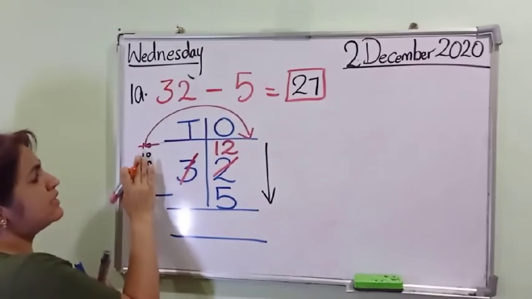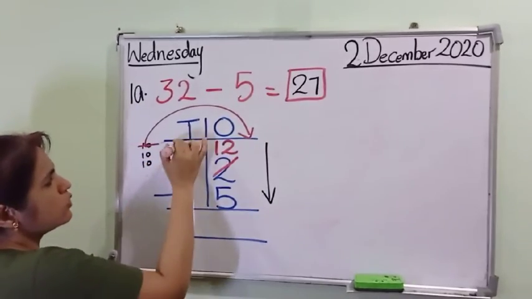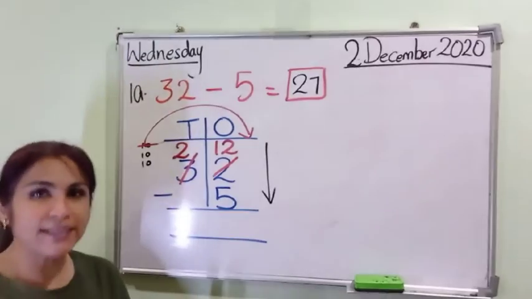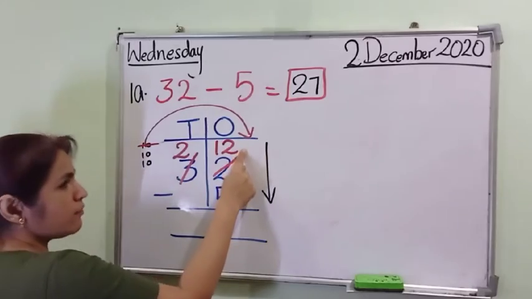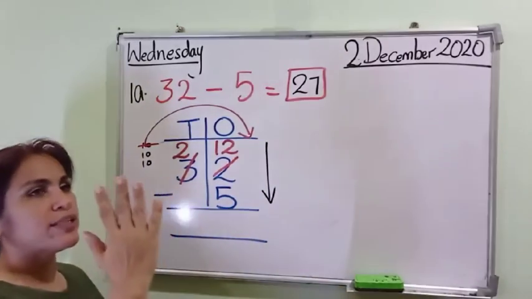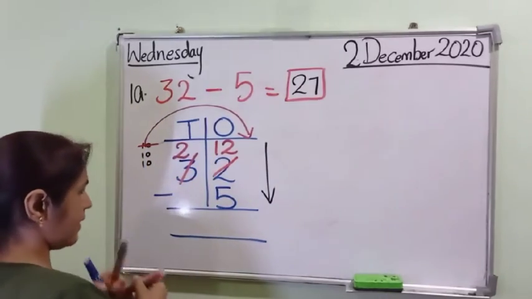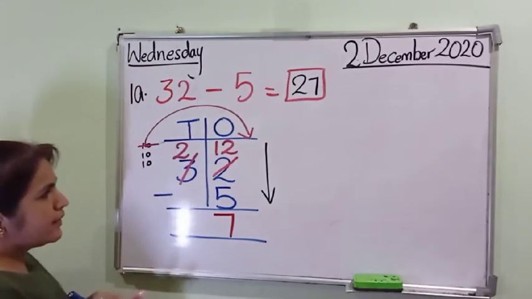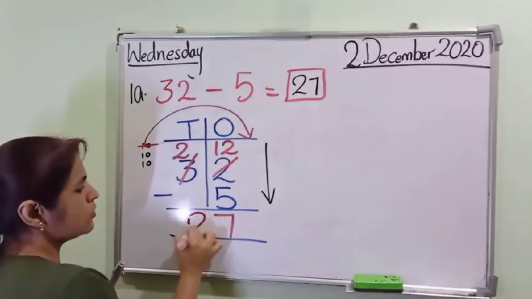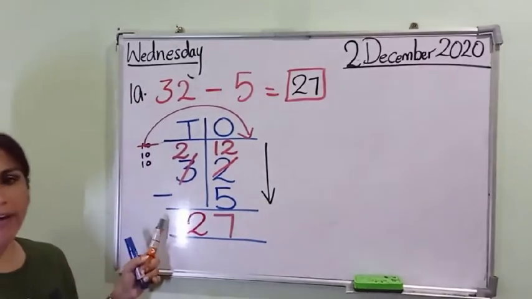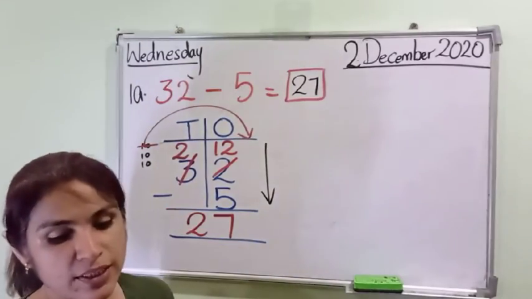But now since the ones has borrowed the 10, you are left with only 2 tens. So your equation should be 12 in your brain, 5 on your fingers, backward count, 11, 10, 9, 8, 7. And here 2 minus nothing is 2. So here you go, you have got your answer, 27. This is how you're going to get your answer.